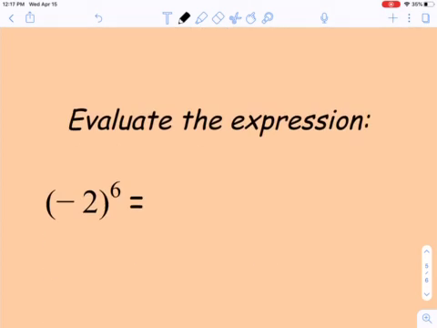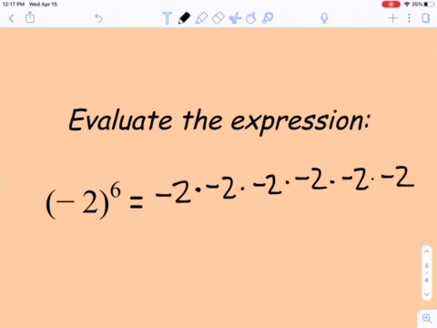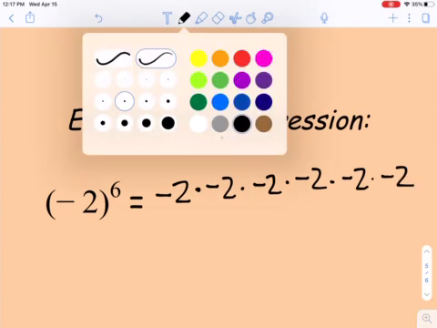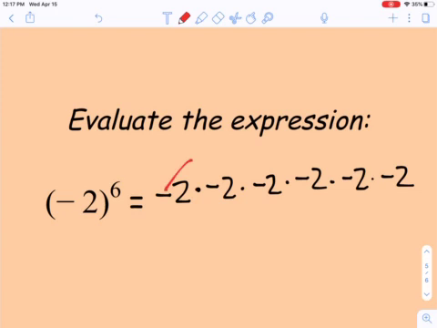Two more examples. This one again has a negative sign, so we've got to include that when we write this factor out. We have negative 2 times negative 2 times negative 2, and you write that out 6 times. Let's start with our negative signs. These two make a positive, these two make a positive, and these two make a positive.